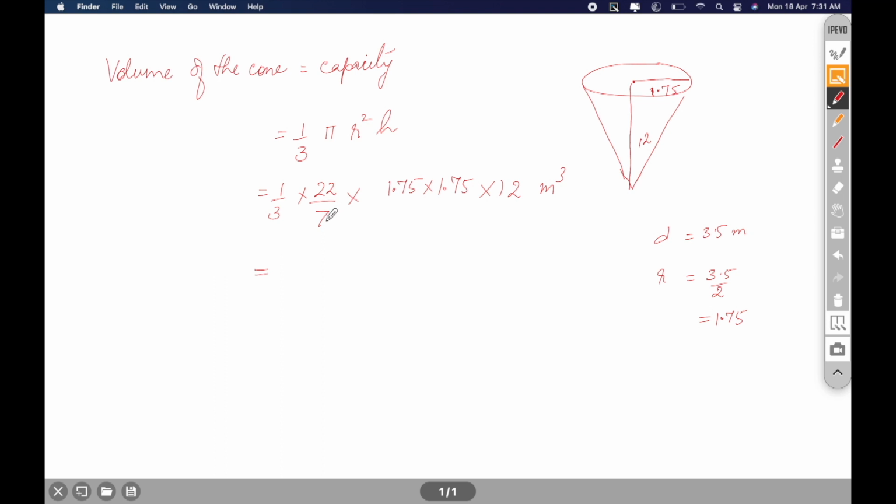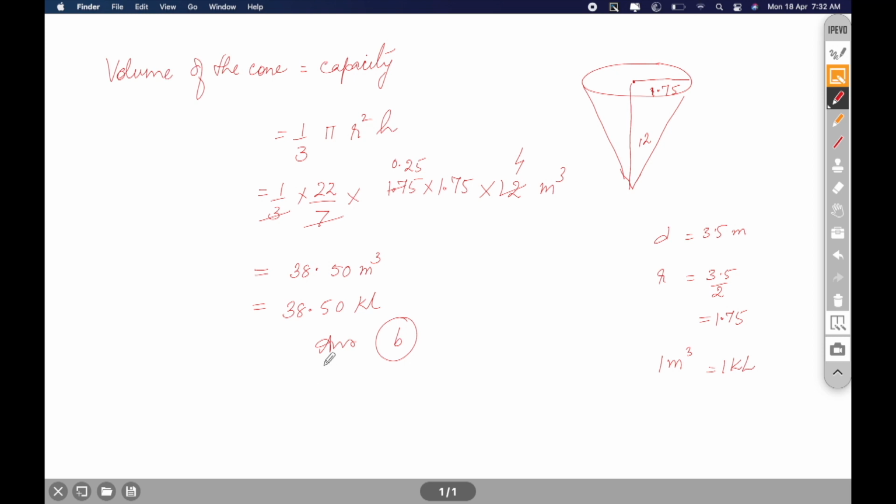When we multiply, you will find the value is 38.50 meter cube. Since 1 meter cube equals 1 kiloliter, this is equal to 38.50 kiloliters, and the correct option to this question is B.